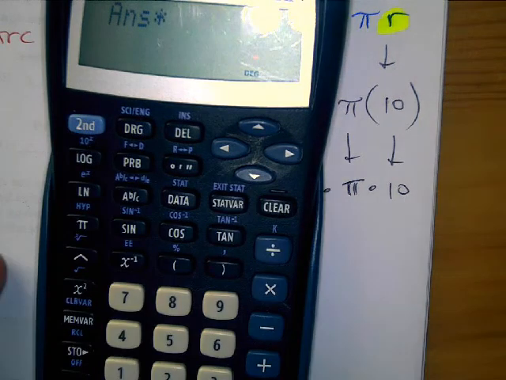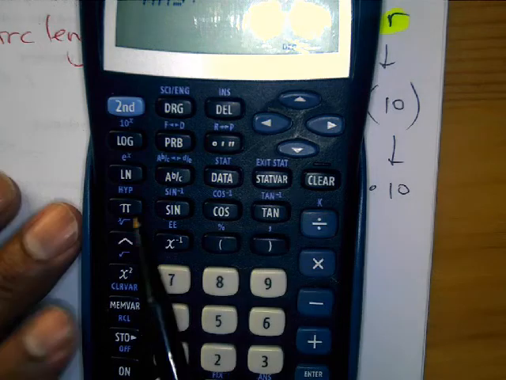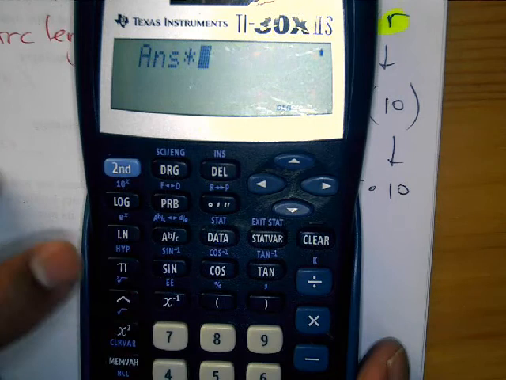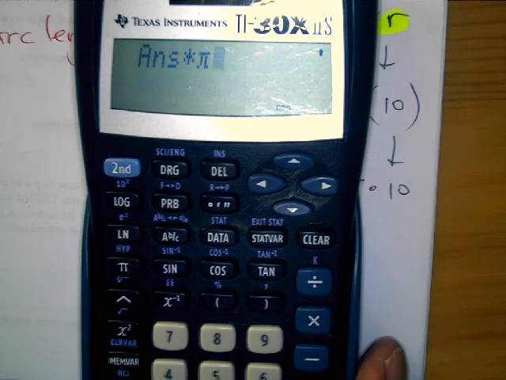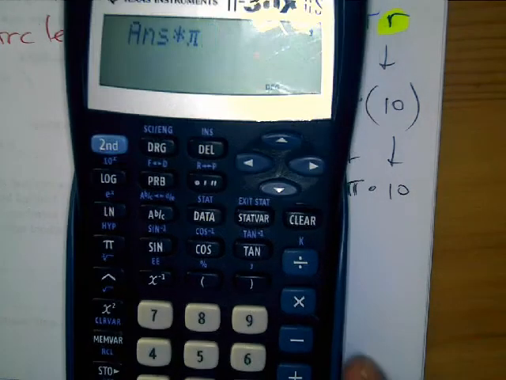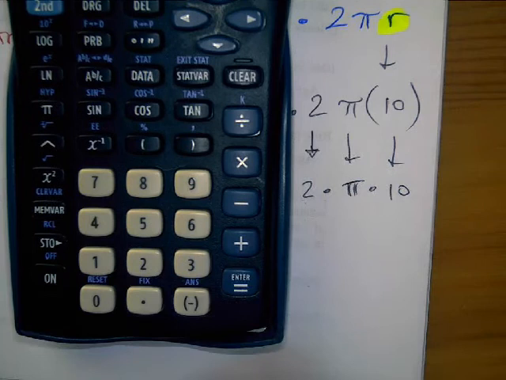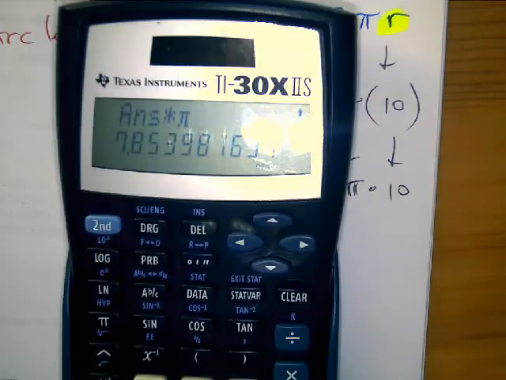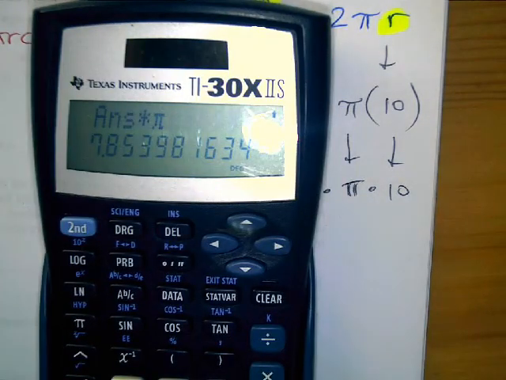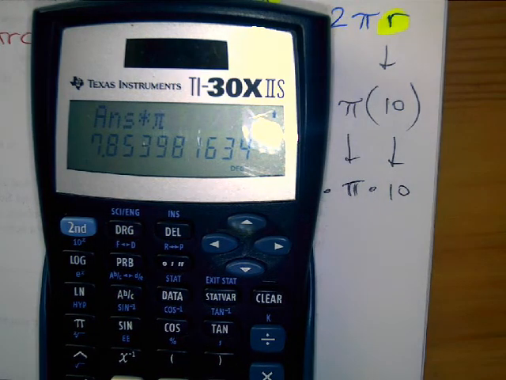And then we multiply 2.5 times pi, or whatever number you get. 2.5 times what? Times pi. Where is pi again? Oh, right here. I have a button for pi. Use the calculator one. And then hit enter. We're going to get 7.853981634.